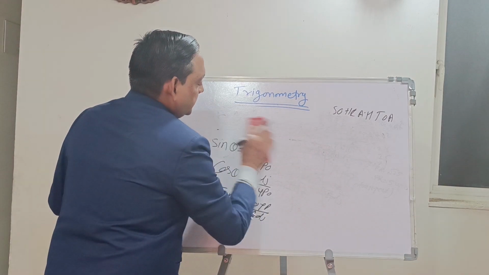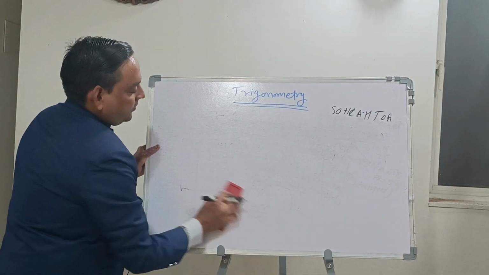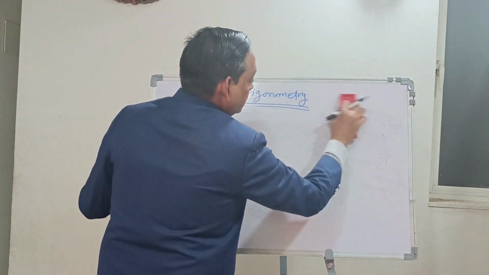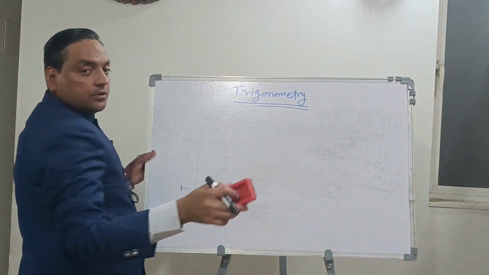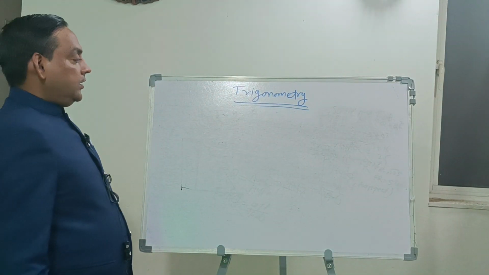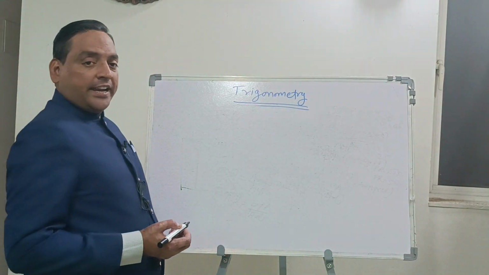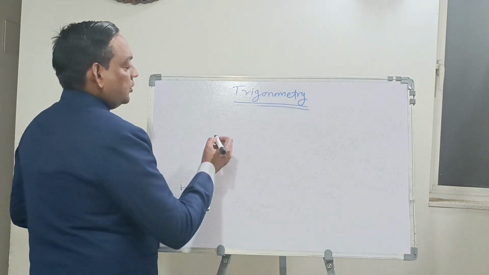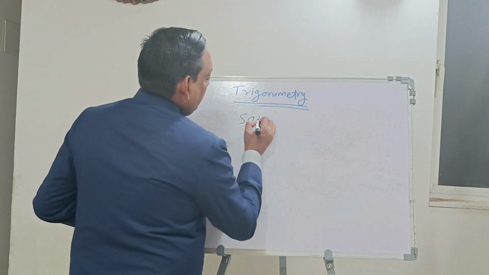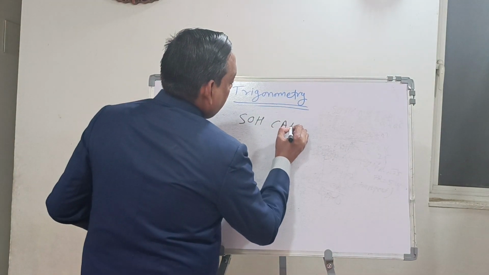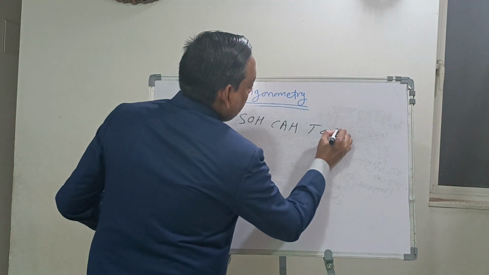Whenever you get any sum to find out a side or angle, first just write down SOHCAHTOA.